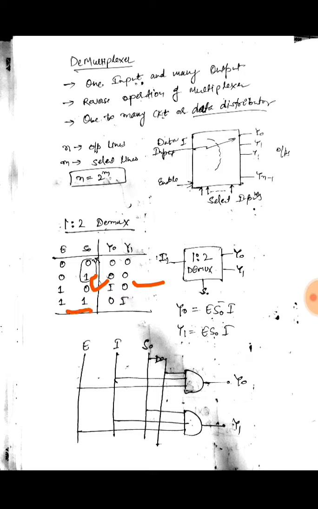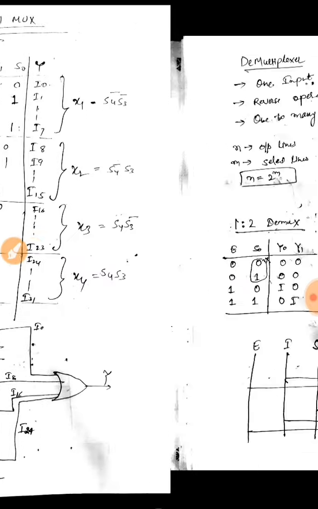For select line equal to 1, y0 would be 0 and y1 would be I. So the function for y0 comes out to be e into s0 bar into I, and for y1 it would be e into s0 into I. So when I implement it using gates, I would require 2 AND gates. So this is how I can implement this demux.